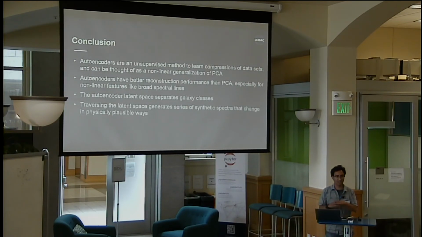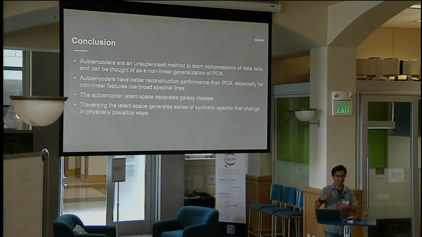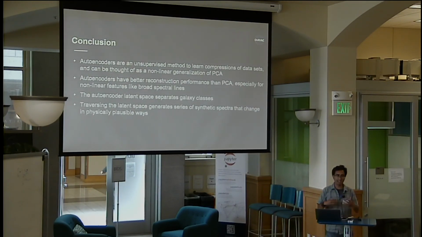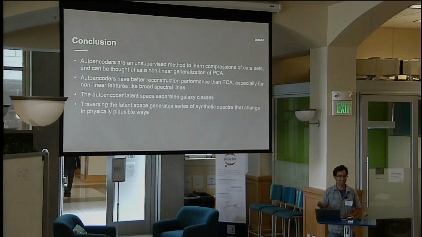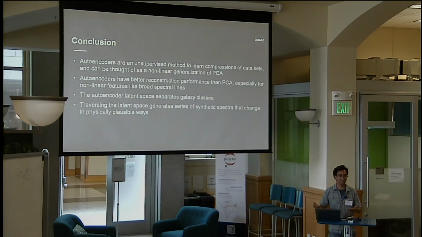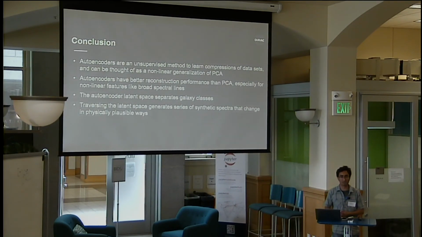And I think this representation that the autoencoder gives you is very exciting. It seems to naturally separate out different classes of galaxies, and you can also generate series of synthetic spectra by drawing lines in this latent space and asking for reconstructed spectra from the autoencoder.